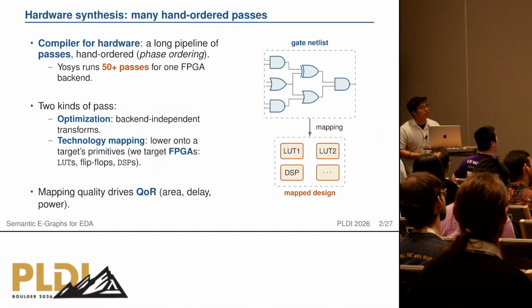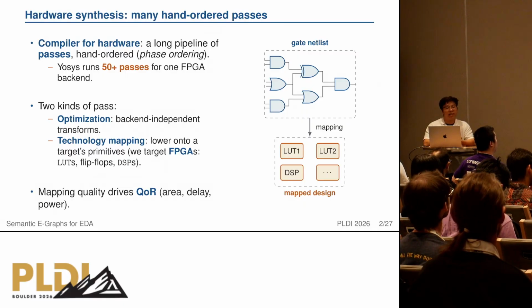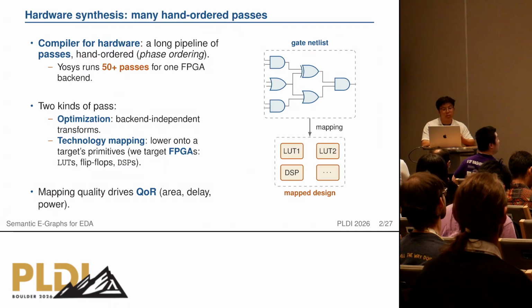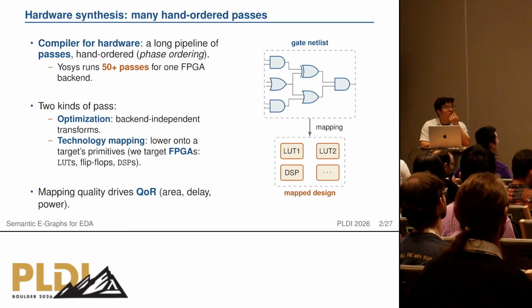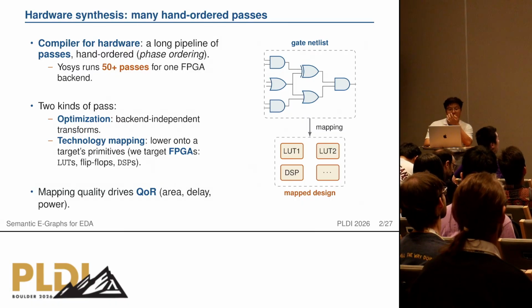One is optimization, which is backend independent transformation, and we also care about technology mapping, where we want to lower the netlist into the target primitives. We are targeting FPGAs, so we care about lookup tables, flip-flops, and DSPs. The mapping quality influences the quality of results heavily, including area, delay, and power.